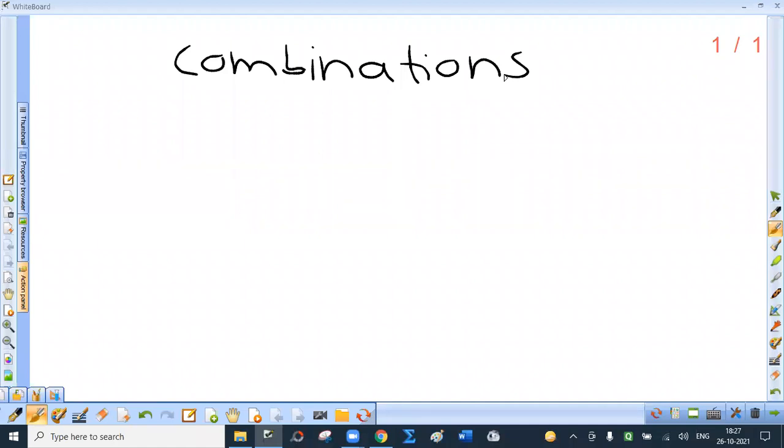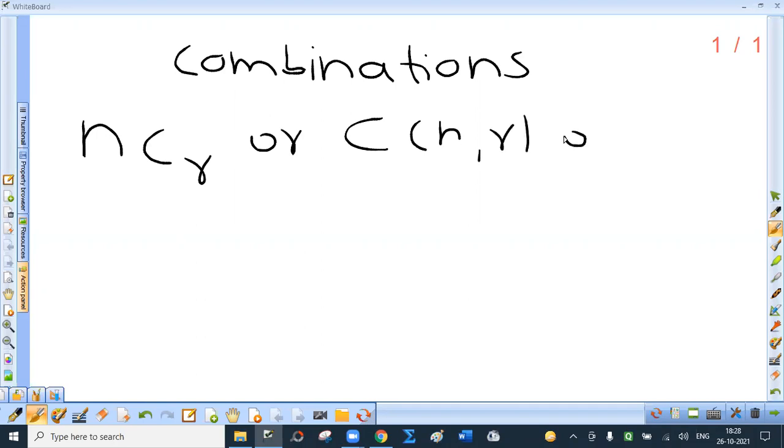Next line. Total number of combinations of n objects taken r at a time is denoted by nCr or C(n,r), see on the screen, or using this.